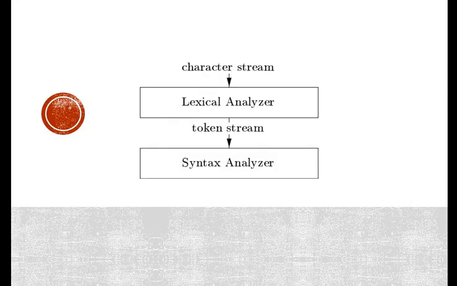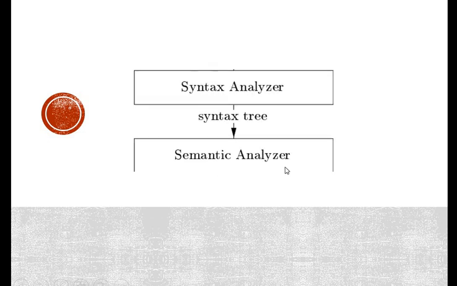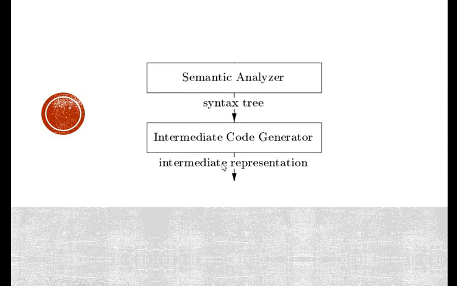We had the first phase, that is lexical analyzer. The character stream comes into lexical analyzer and it creates a token stream. Then token stream goes into syntax analyzer. Syntax analyzer makes a syntax tree and gives that syntax tree to the semantic analyzer. Then semantic analyzer takes the syntax tree and checks for the semantics, for the meaning, and then again produces a syntax tree with little amendments if required.